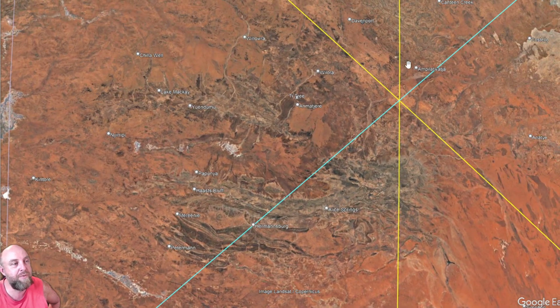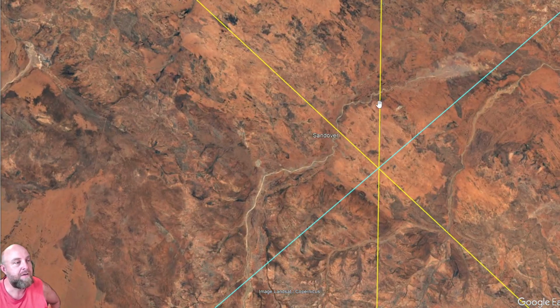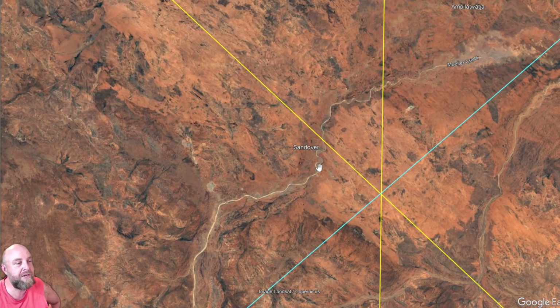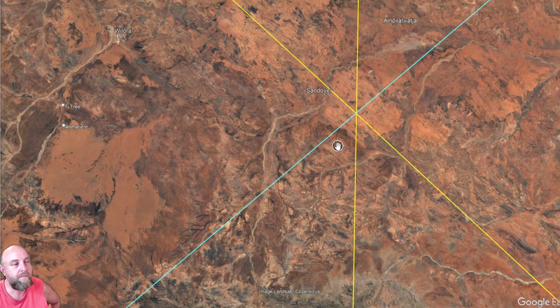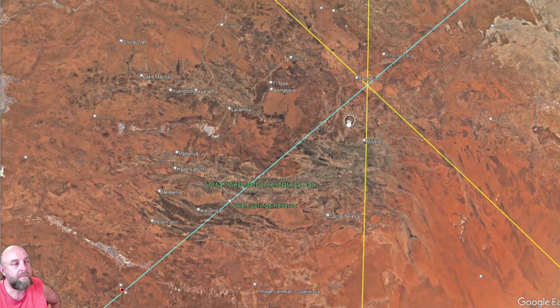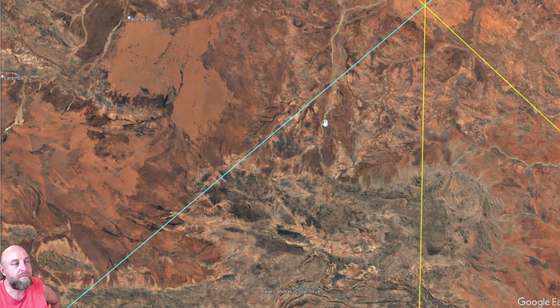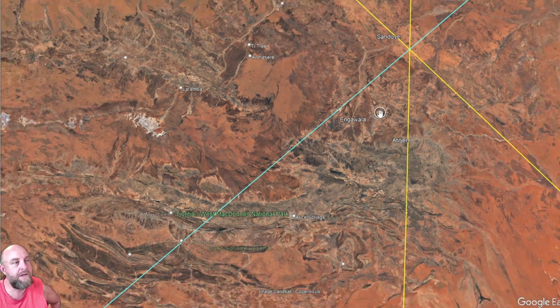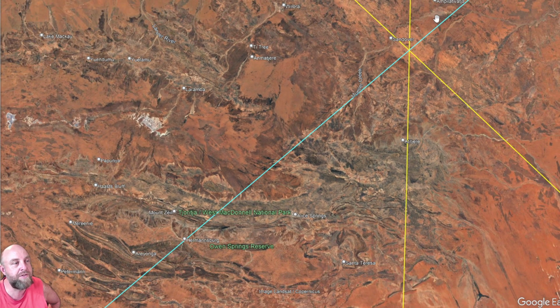The major gravity well center from there would be right by Sandover, where the Mueller Creek bends around the gravity well. Yeah, that's a nice little bend there. You can see the water is coming through and then hit the gravity well, bent around it, and then went back on its normal path.